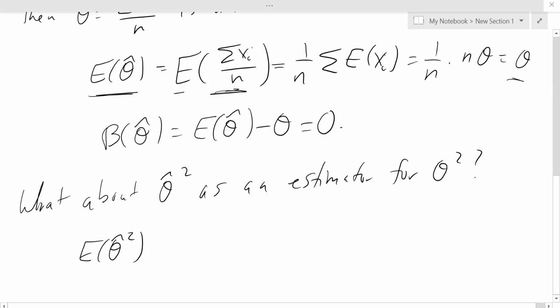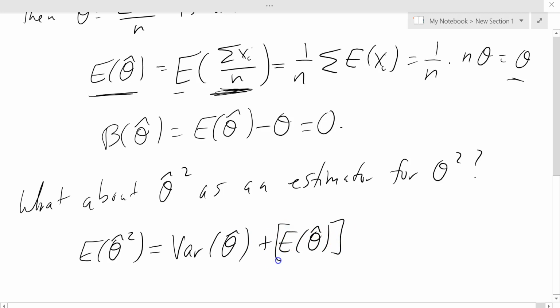So let's think about how I can get at the expected value of a random variable squared without having to actually square it and go through it that way. We know that this should be the variance of theta hat plus the expected value of theta hat quantity squared, right? We agree with that? That's just rearranging our more useful formula for figuring out the variance, okay?